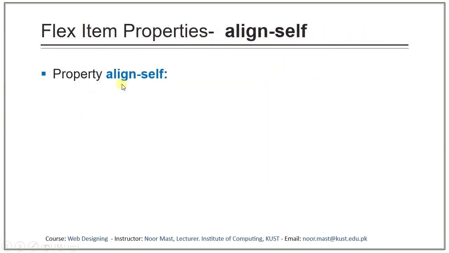The flex align-self property. The align-self property of a flex item overrides the flex container's align-items property for a specific item.